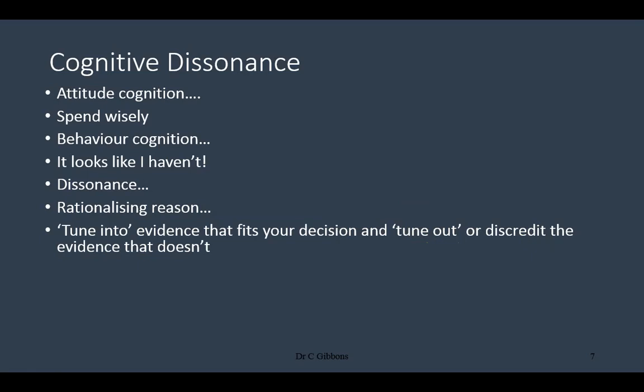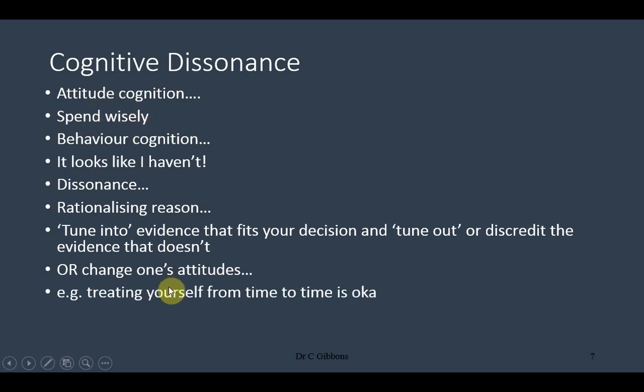The evidence on the features of the other car, they'll readily accept examples of this competing car falling short in some way. Or they might change their attitude. If the attitude is spend wisely, they might change the attitude by saying something like, I should treat myself from time to time. You deserve it.